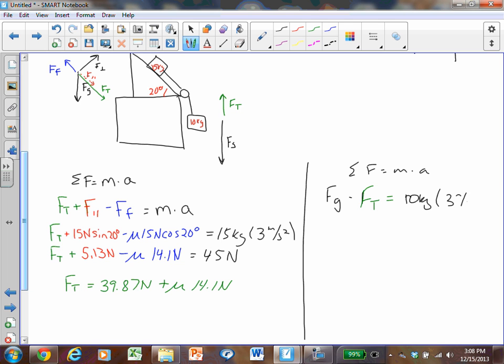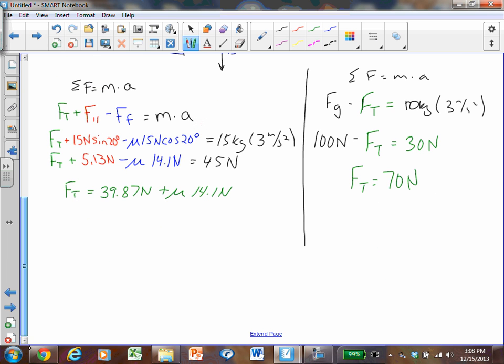So Fg would be 100 newtons minus Ft, which will equal 30 newtons, which means that Ft equals 70 newtons. Now we can plug that back into our other equation.